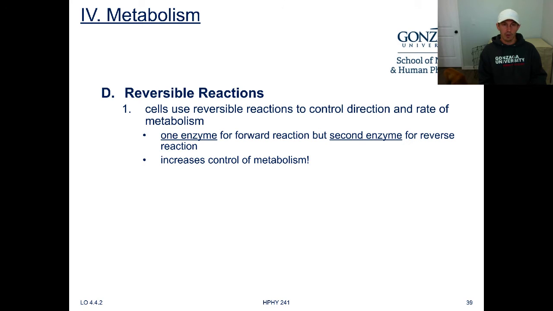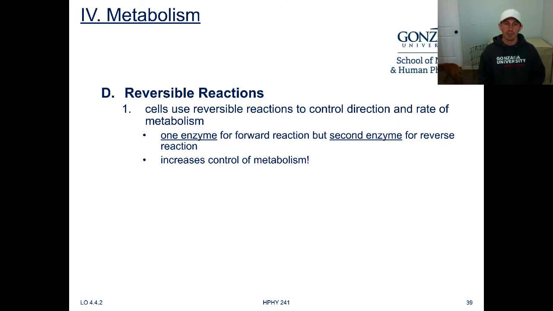Let's talk a little bit more about reversible reactions. Cells utilize reversible reactions, and via reversible reactions, cells can control the direction and the rate at which overall metabolism occurs.